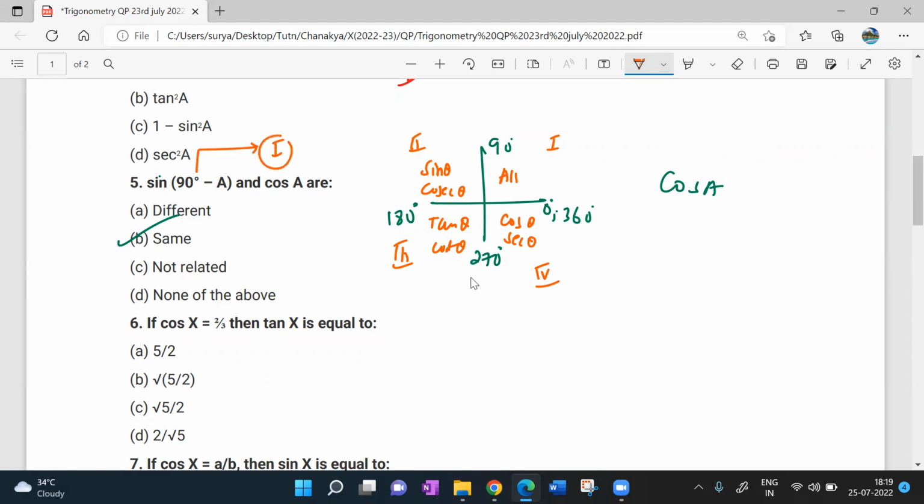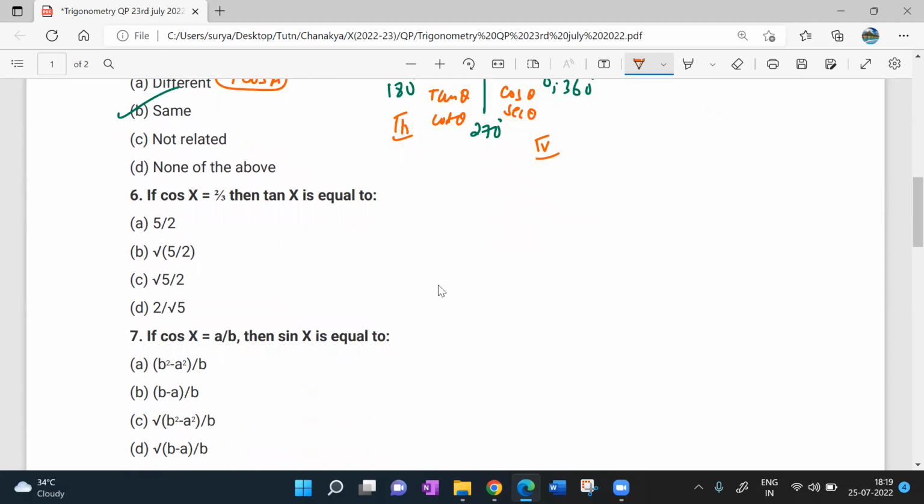First quadrant, where everything will be positive, so a positive answer will be coming. Sine will be changed to cos. In place of theta have A here, so plus cos A and cos A. Both are the same or not? Don't worry, I'll explain this concept again. Yes, both are the same.